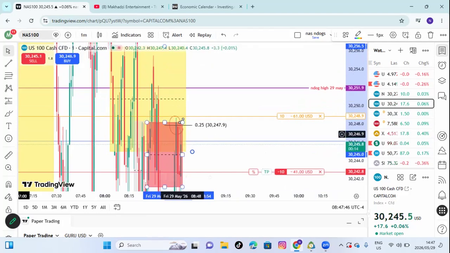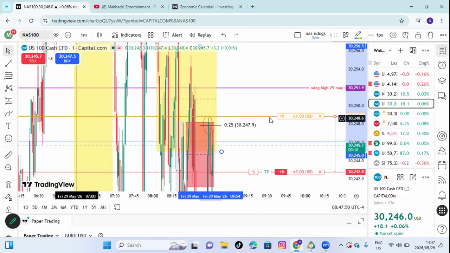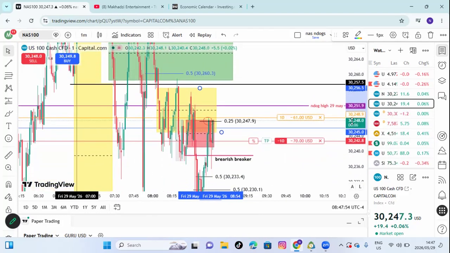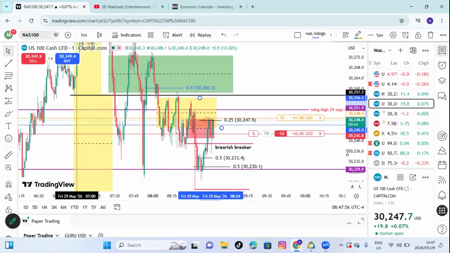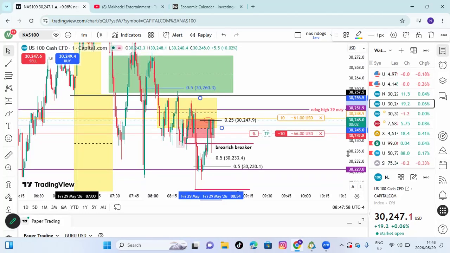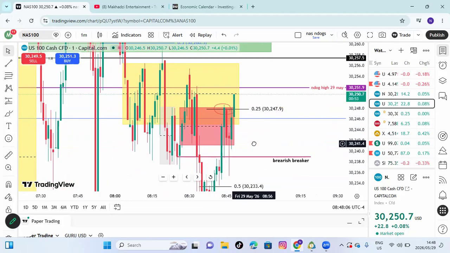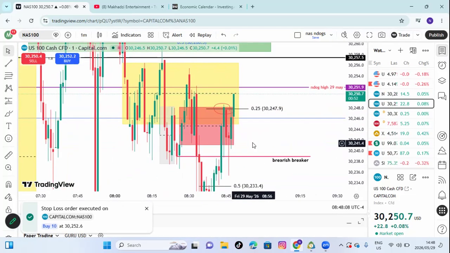If it goes up now and takes us out here, we are wrong. It can happen. That's okay, right? See there? Okay, so far, so good. And if it takes us out, that's okay.